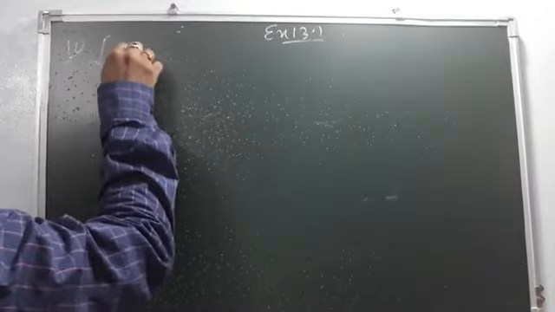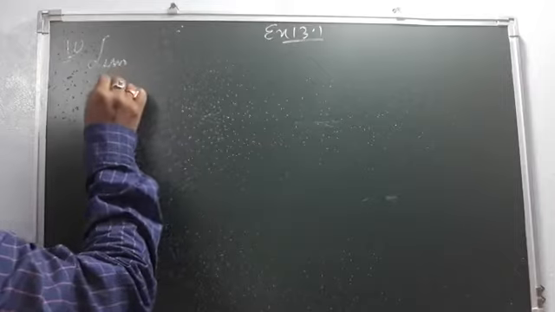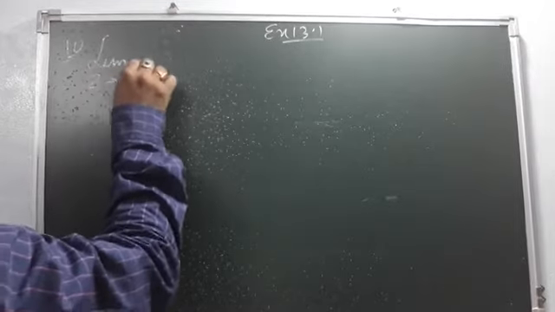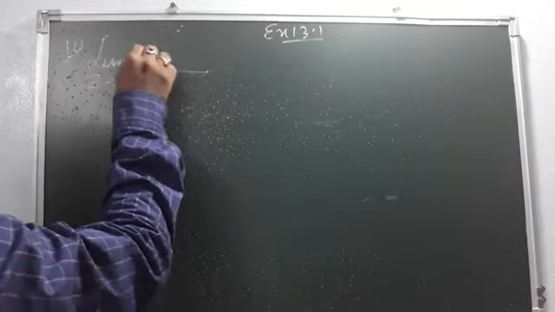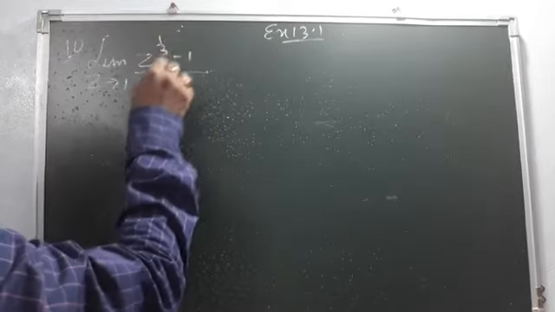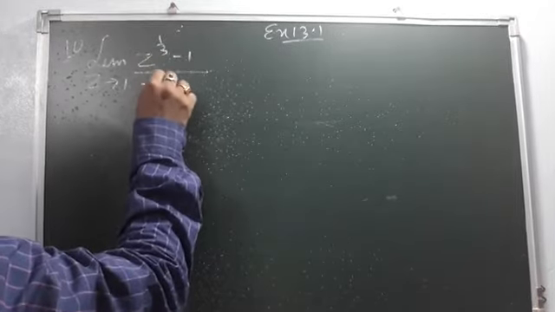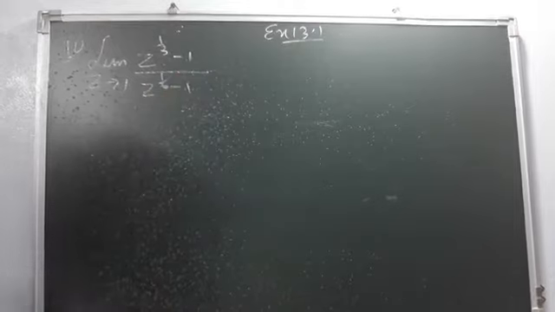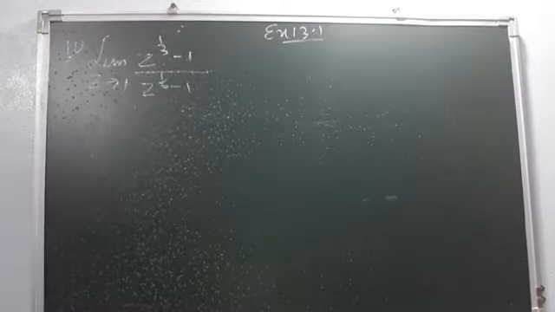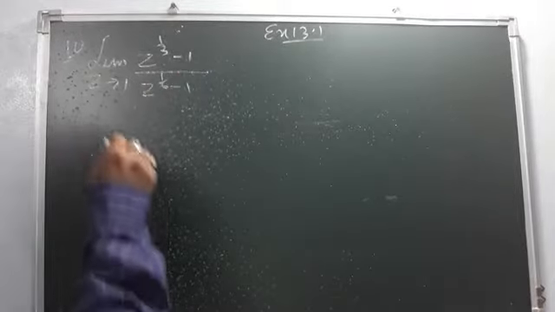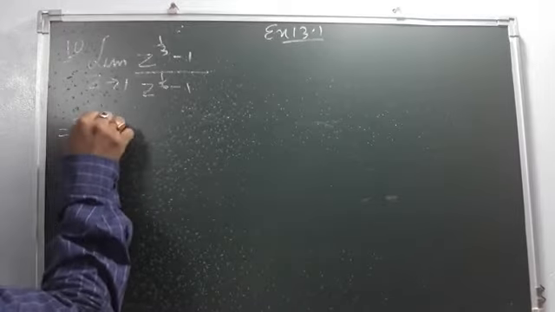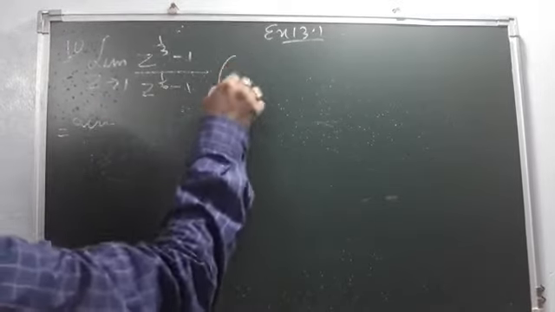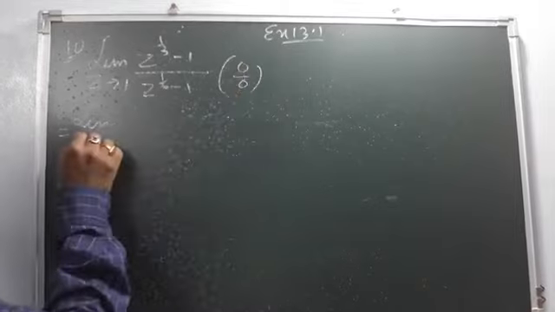It is limit z tends to 1, numerator is z to the power 1 by 3 minus 1, and denominator is z to the power 1 by 6 minus 1. So students, you see how you can do this one. Here if we put z is equal to 1, then it will be of the 0 by 0 form.